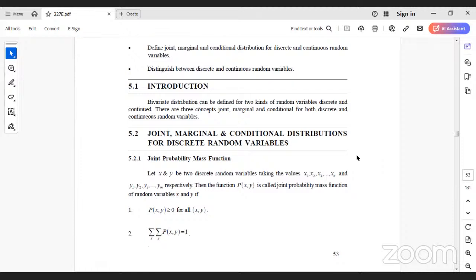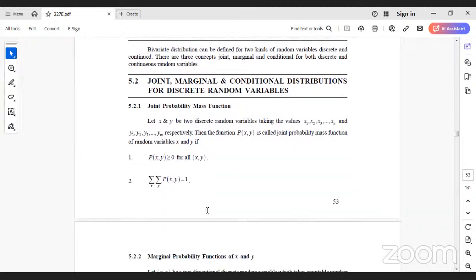In the joint probability mass function, let X and Y be two discrete random variables, with values x1, x2, x3, up to xn for X, and y1 up to ym for Y. Then the function p(x,y) is called the joint probability mass function of random variables X and Y, where p(x,y) is greater than or equal to 0, and the summation over x and summation over y of p(x,y) is equal to 1.